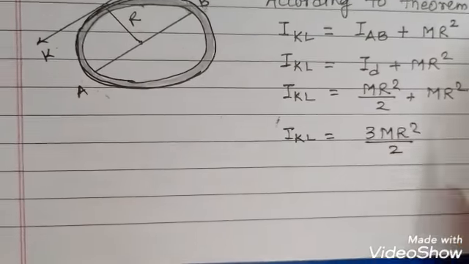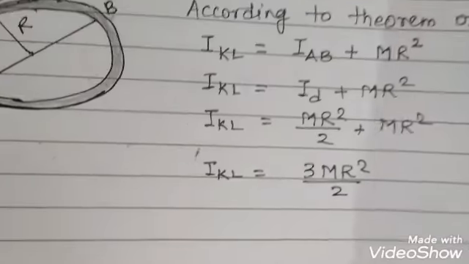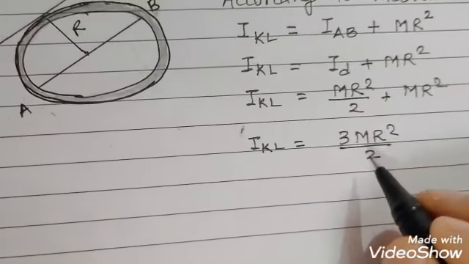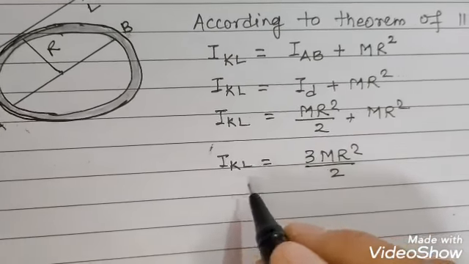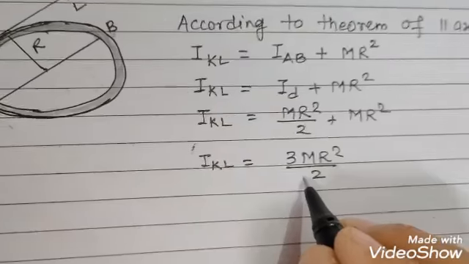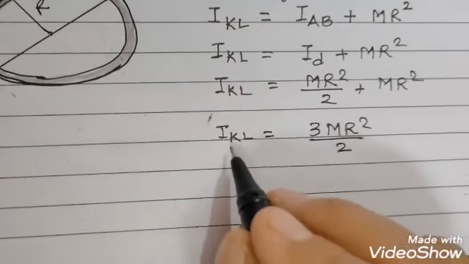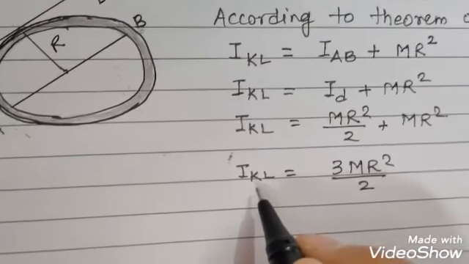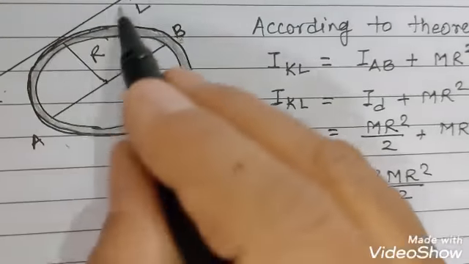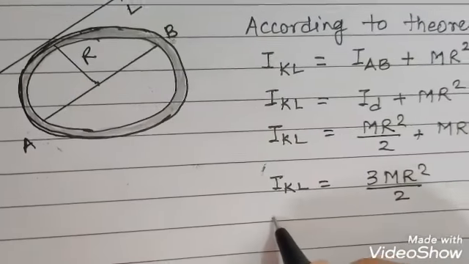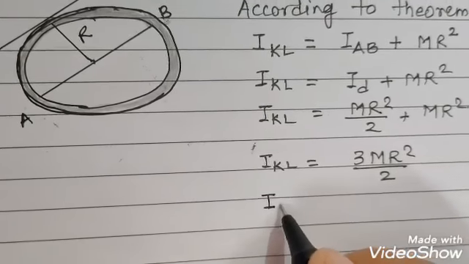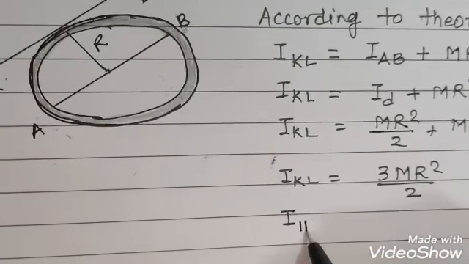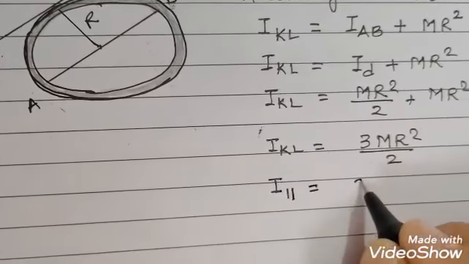So by adding MR square upon 2 plus MR square we find 3 MR square upon 2, and this will be the moment of inertia about an axis which is passing tangentially, parallel to the diameter. Because it is parallel to the diameter, I am just changing this sign and I'll write it like this, the parallel sign, so that you may understand very well.